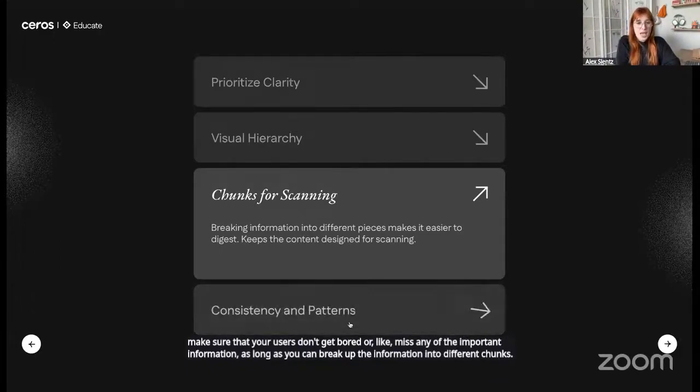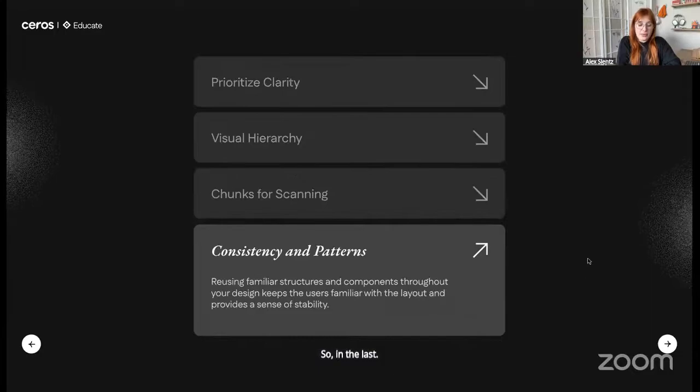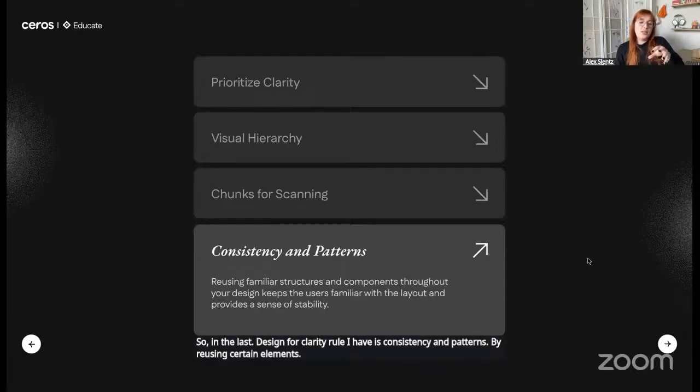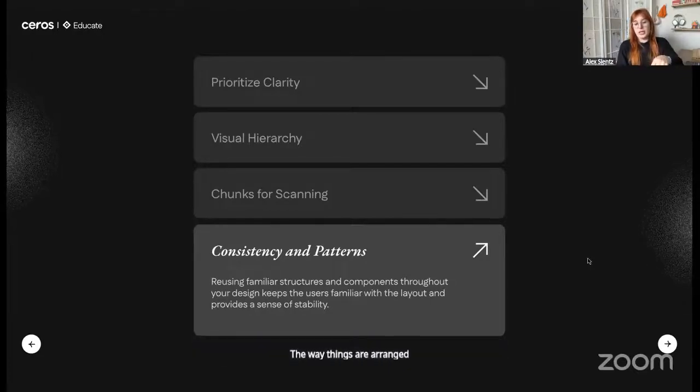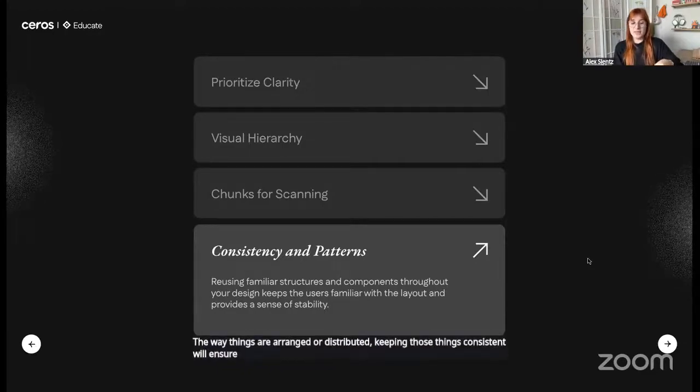And the last design for clarity rule I have is consistency and patterns. By reusing certain elements, the way things are arranged or distributed, keeping those things consistent will ensure that your viewers feel a sense of stability and cohesion between your content.